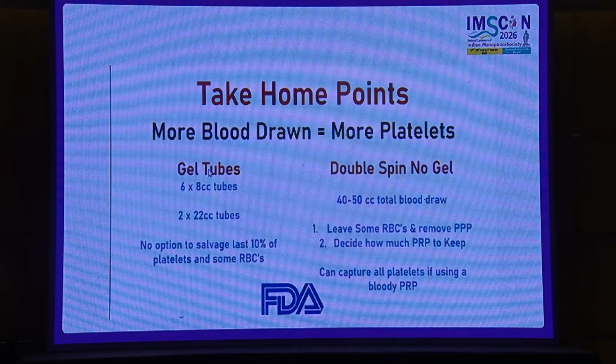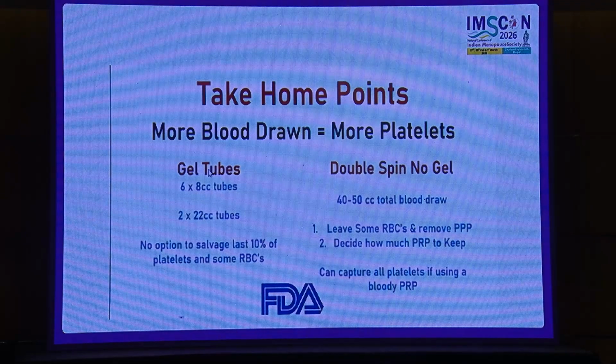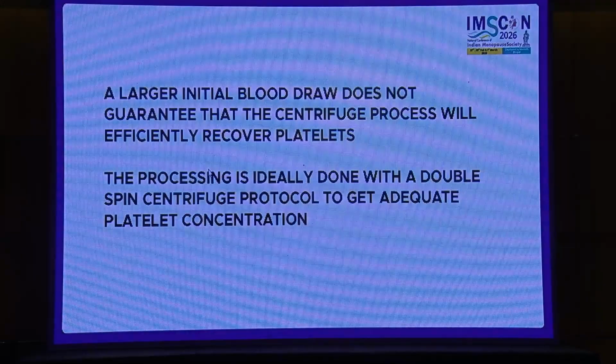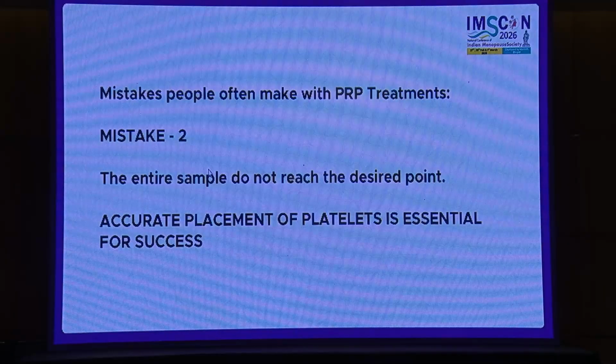After the second spin, when we prepare the platelet-rich plasma, we have to activate it by adding calcium chloride or something similar, or shake it, to activate the alpha granules to release the cytokines and other factors. There is a chart available which says how much blood you have to centrifuge to obtain how much PRP. A larger initial blood volume does not guarantee the centrifuge process will efficiently recover the platelets. The processing is ideally done with a double spin centrifuge protocol for adequate platelet concentration.